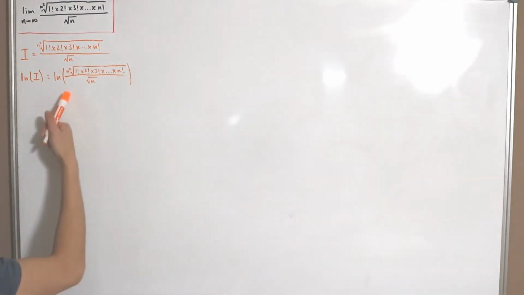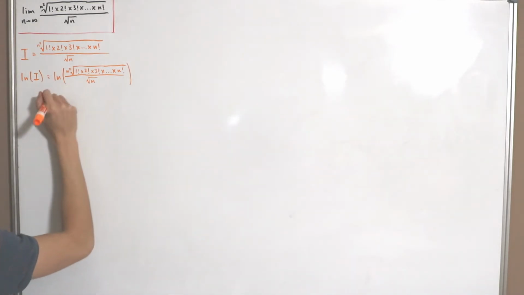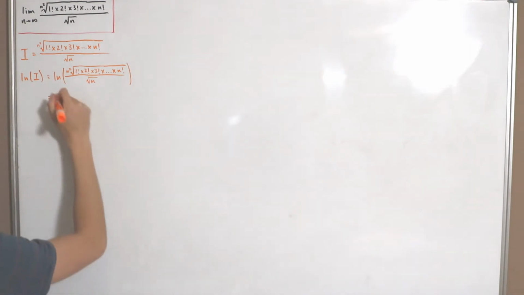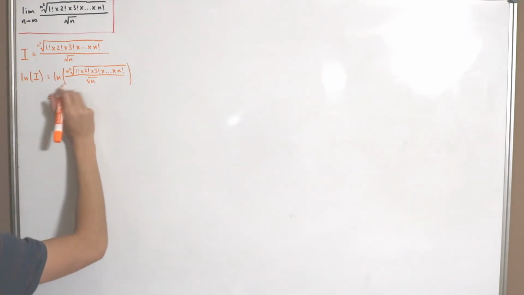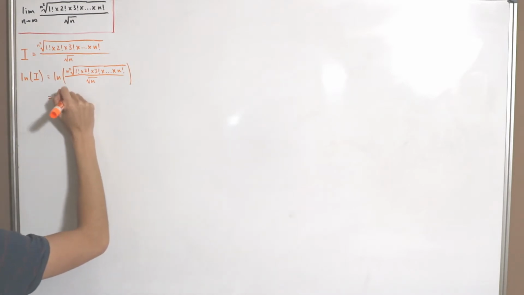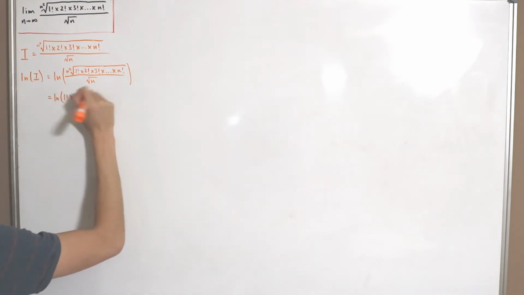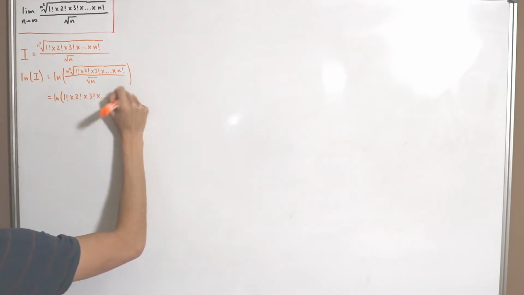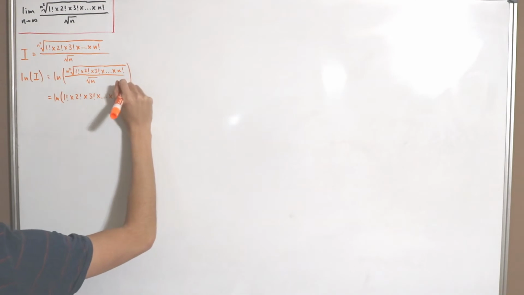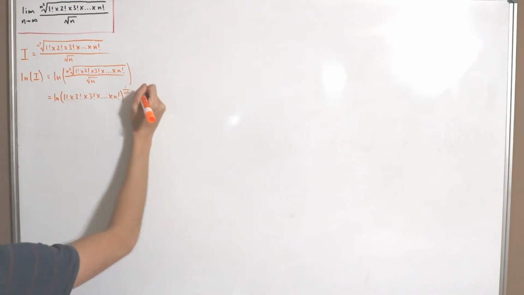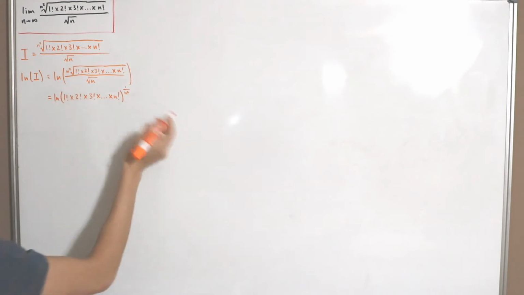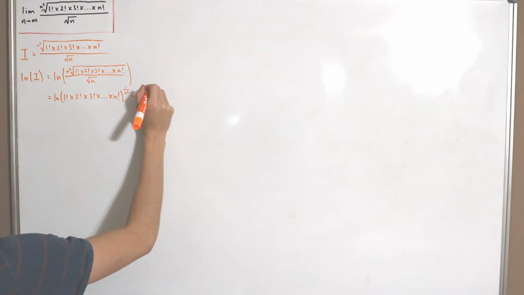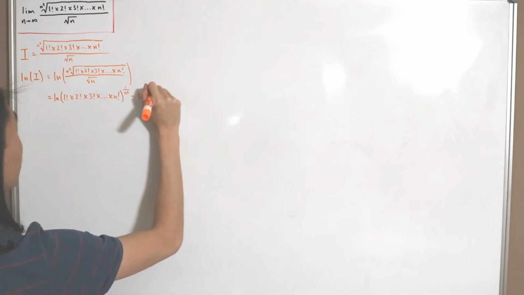Now notice that on the right hand side, I can rewrite this using the rules of natural logs. So this will be ln of 1 factorial times 2 factorial, all the way up to n factorial, with 1 over n squared as its exponent, minus the natural log of n to the power 1/2.